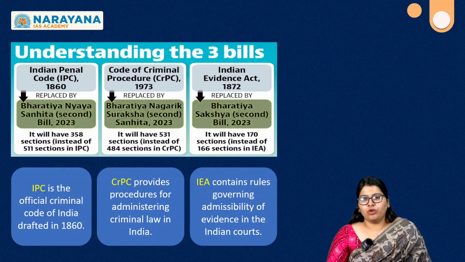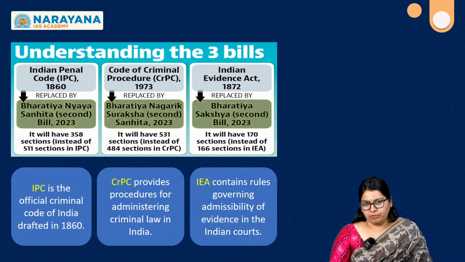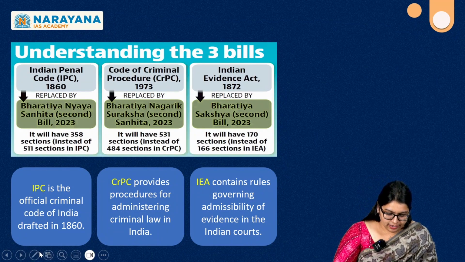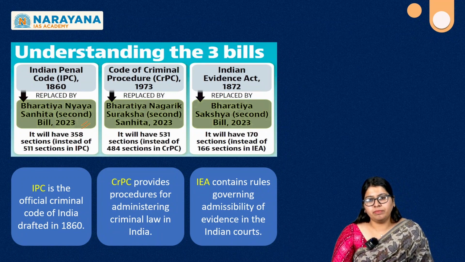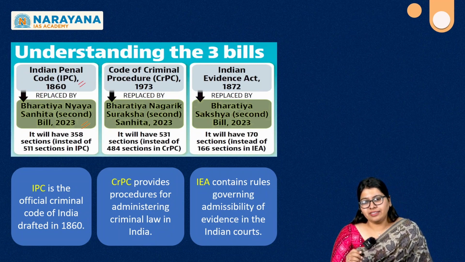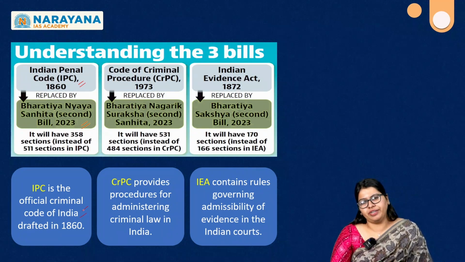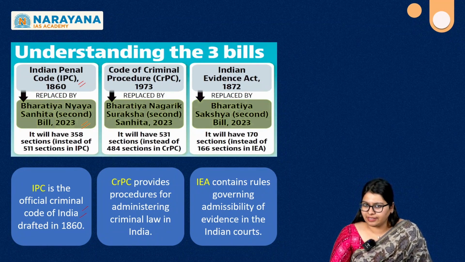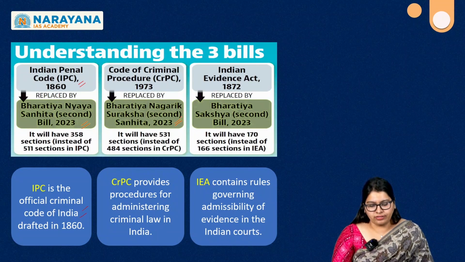And let's look into what are the three bills and what are the laws or the regulations it's going to replace. The first bill is nothing but Bharatiya Nyaya Sanhita Bill 2023 that will replace the Indian Penal Code. Indian Penal Code was a 19th century regulation which was nothing but the official criminal code of India that was drafted in 1860. Moving ahead, the next bill was Bharatiya Nagrik Suraksha Sanhita Bill 2023.